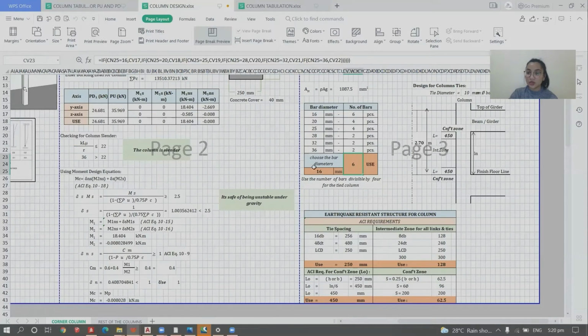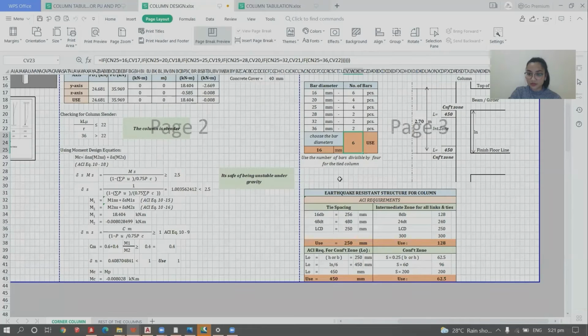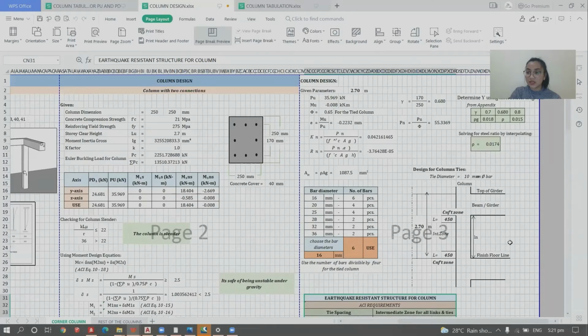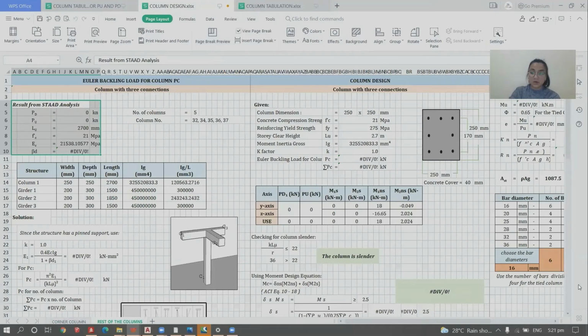So if I use 16 mm bars, the design needs 6 pieces of 16 mm bars. We have here the spacing for lateral ties spacing. So it is the same way I got it for the rest of the columns.